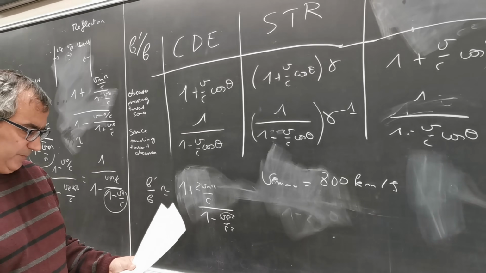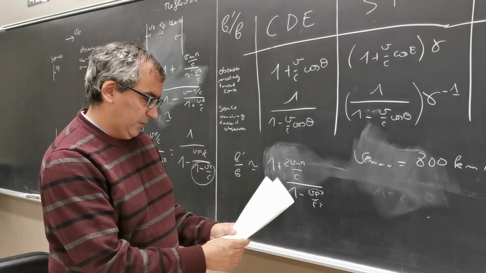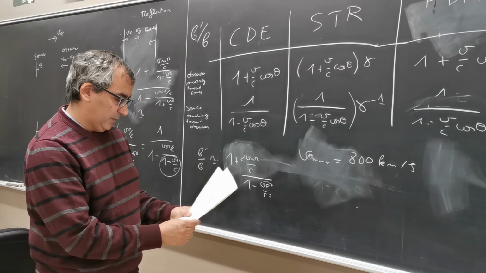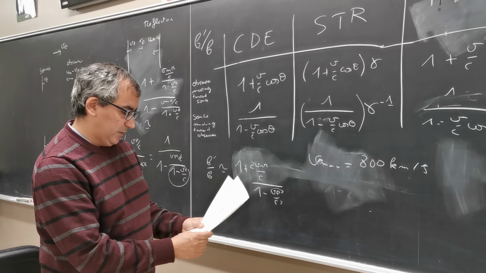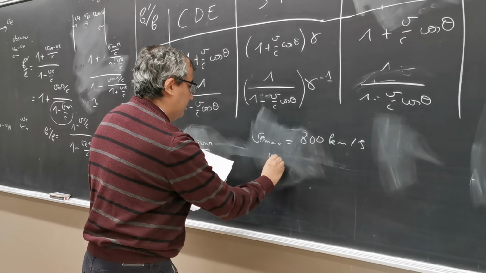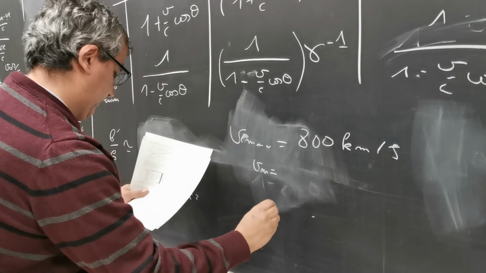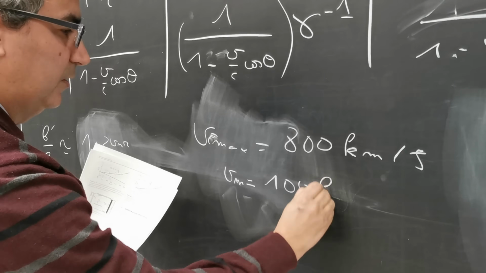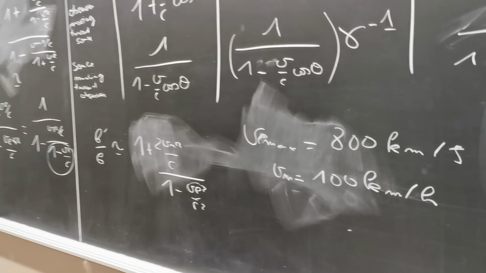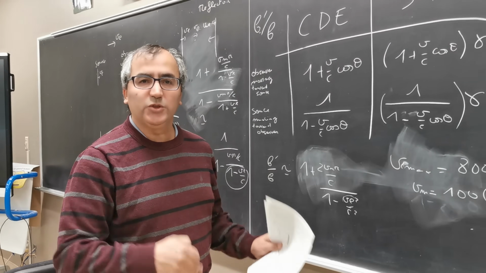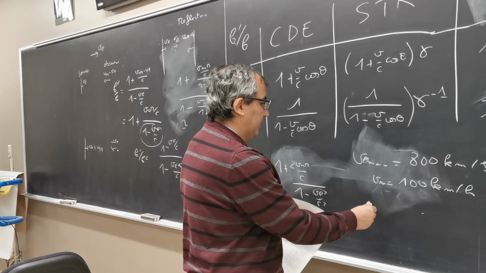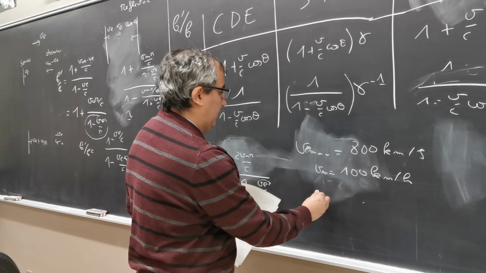In the paper we considered a car, for example, moving at 100 kilometers per hour, so V_M, M for mirror, is 100 kilometers per hour. What will we measure with the Doppler radar, due to the motion relative to the medium?